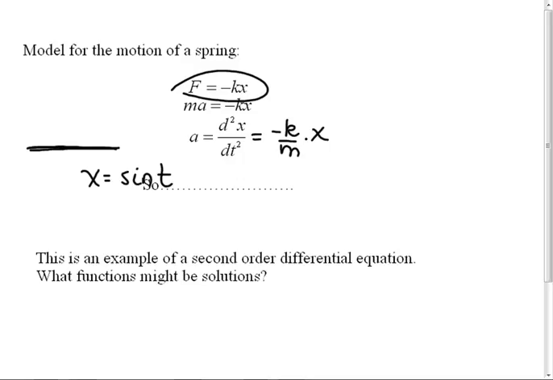Because it's a second derivative, it's a second order differential equation. Unfortunately, the techniques we use for the first order ones are not the same. Sometimes the things you do for first order ones work, but a lot of times they don't. That's what I wanted to say about the spring.